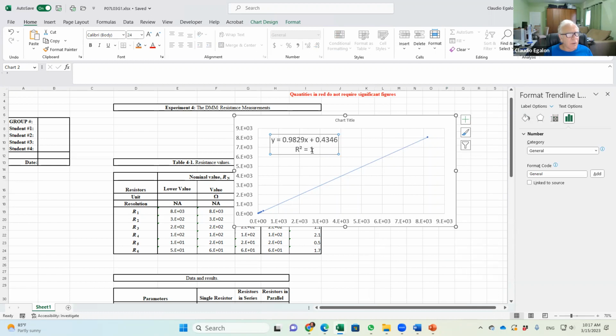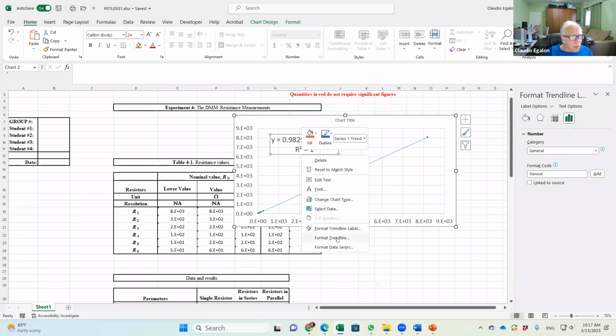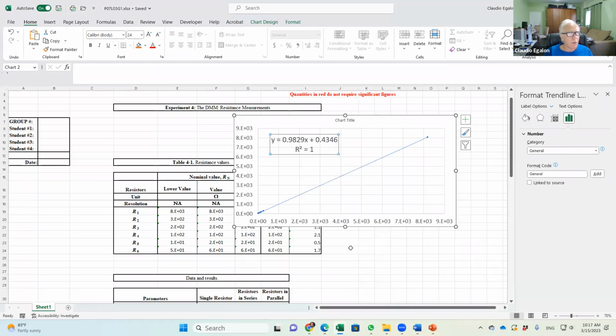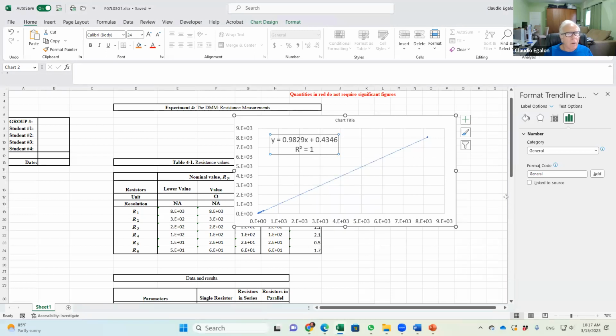And the R squared shouldn't be 1. It should be different than that. Let's see if I can get format, select data, font. I'll have to do the format trend line label, number.